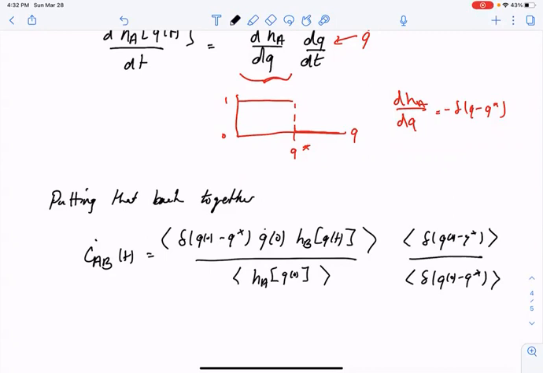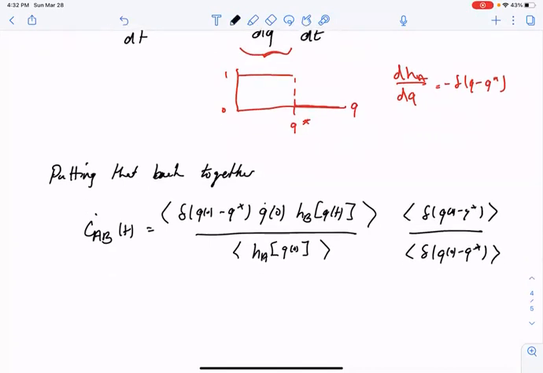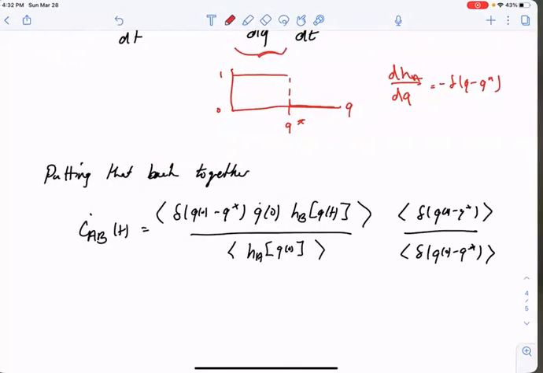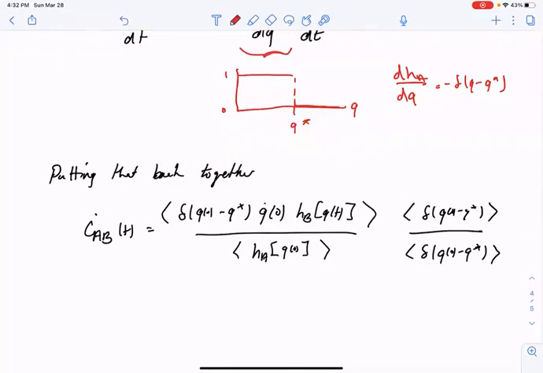So now I have in the numerator the probability, an averaging operation, which is conditioned on being at Q star at 0, conditioned through that denominator, and being at HB at time t. I want to know, given those conditions, what is the flux, what is the rate of change of Q at time 0?